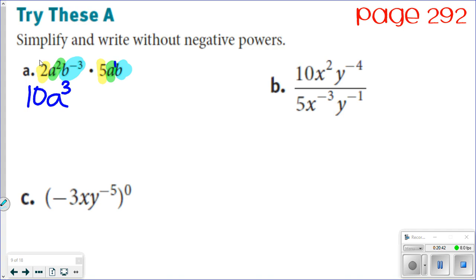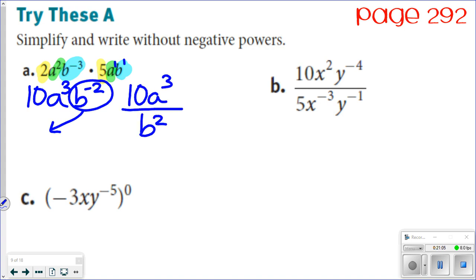So I have negative 3 plus 1, which is negative 2. Now I'm going to clean it up, which means I need to take this negative exponent and move it to the basement and make it happy. So it's going to be 10a cubed divided by b squared, and this would be my final answer.